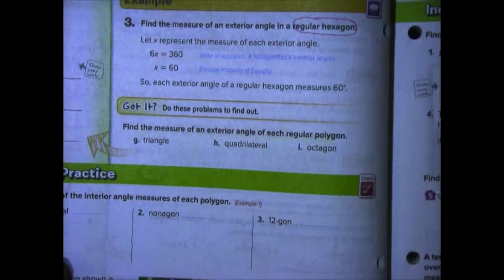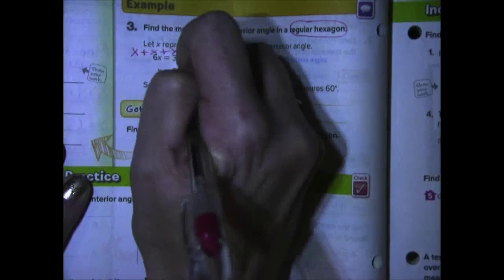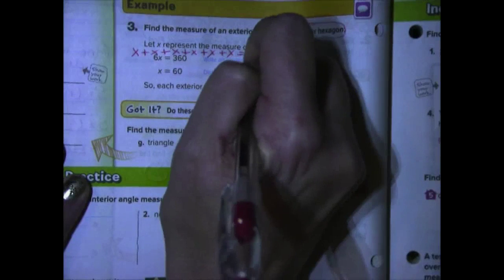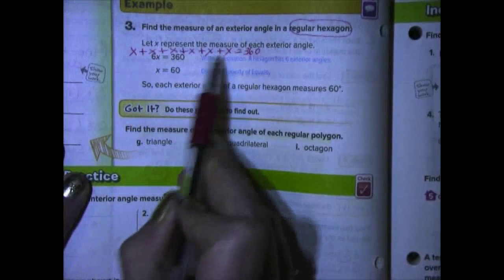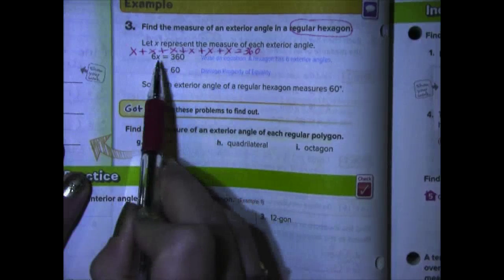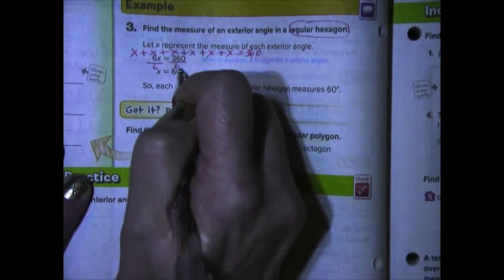All right, so if we have a hexagon, we know we have 6 sides, so we would actually have x plus x plus x plus x plus x plus x equals 360. That's how we got 6x. So we added all of those up, all of our like terms. 6x equals 360. Divide by 6, and we get x equals 60 degrees.